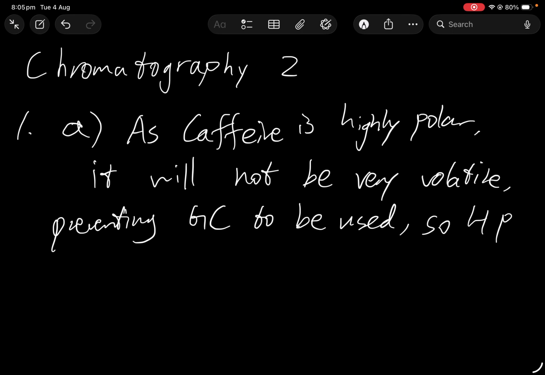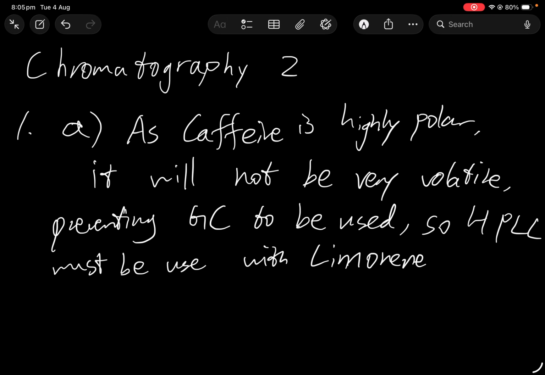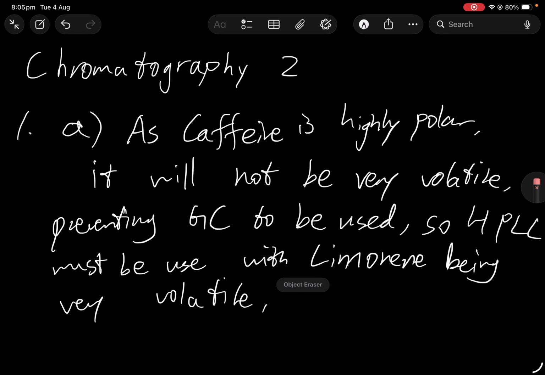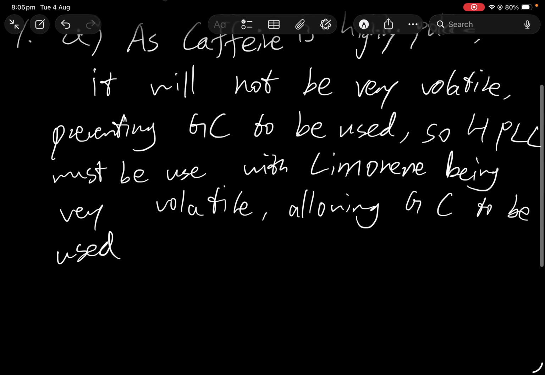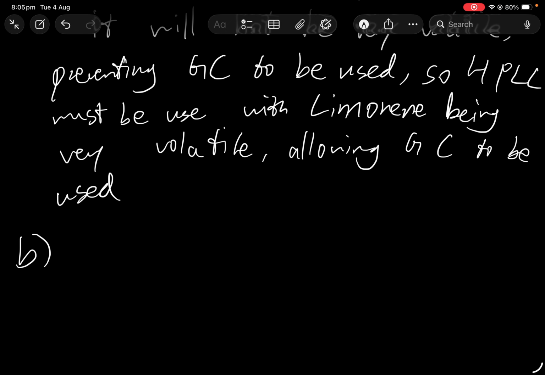So high performance liquid chromatography must be used. Limonene, being very volatile, allows GC to be used.